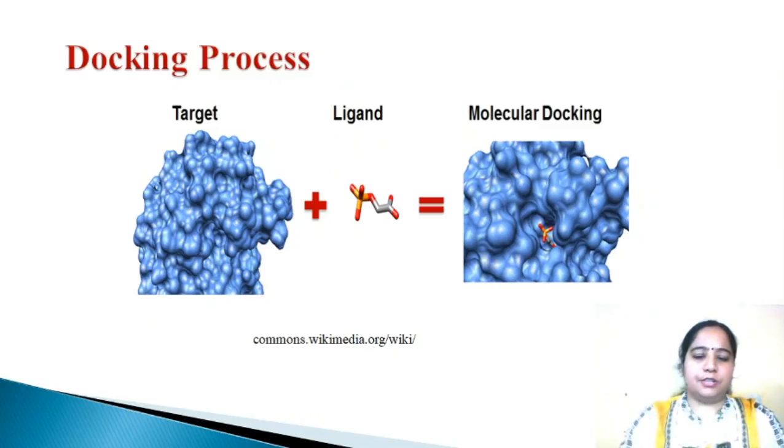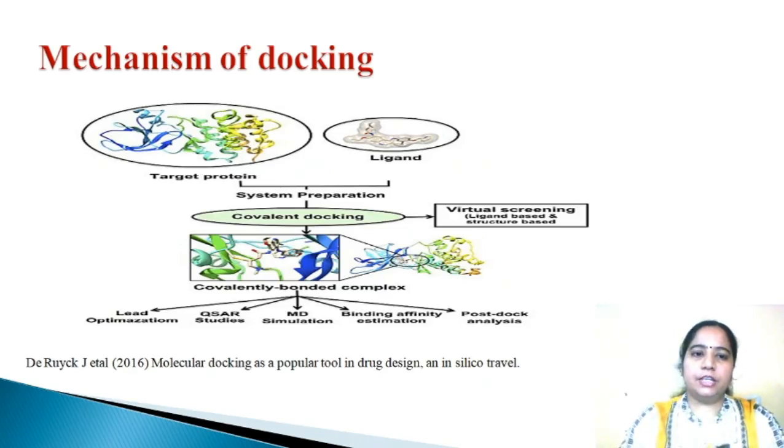Now, the mechanism involved utilizes a target molecule, which can be a protein or an enzyme, and a ligand, which is usually a chemical molecule. These two molecules interact with each other through the active site and amino acid binding interactions. In docking, the target protein and ligand are prepared using various software and then the docking is performed.